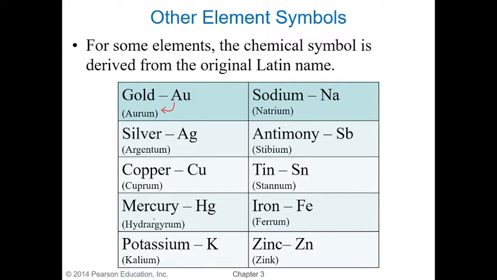Mercury is Hg, hydrargyrum. Potassium is K, kalium. Sodium is Na, natrium. Antimony is Sb, stibium. Tin is Sn, stannum. Iron is Fe, ferrum. And then zinc is Zn. Okay? So, they are derived from Latin or Greek words.